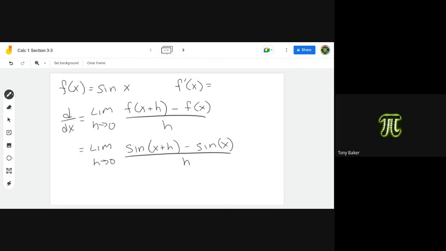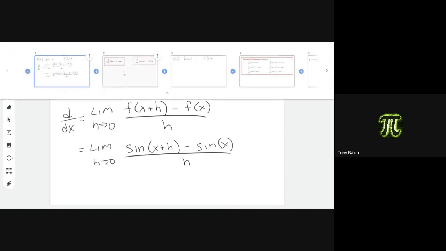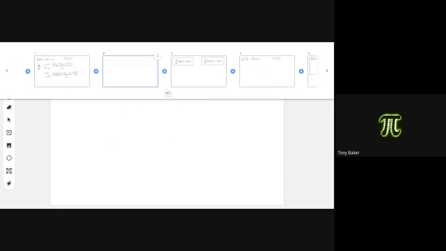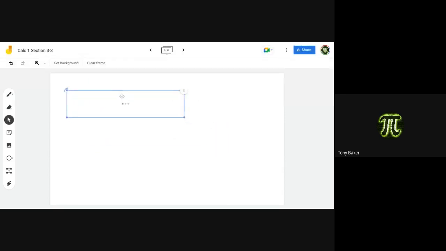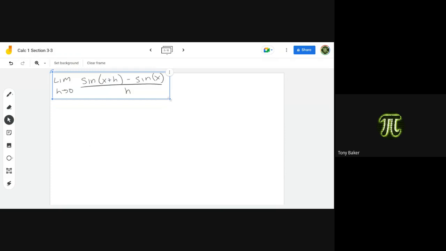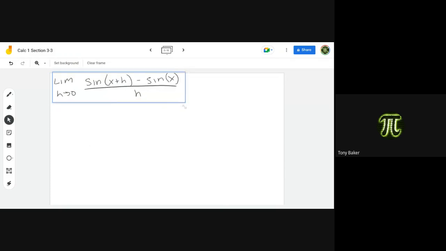Since I don't expect anybody to have memorized this, the addition rule of trig functions, when we have sine of x plus h, that equals something else.